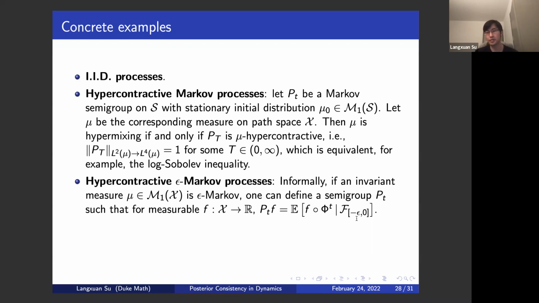Intuitively, it says the current state depends on the previous epsilon segment, not just one time step.